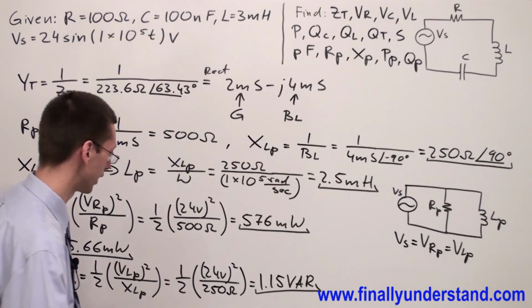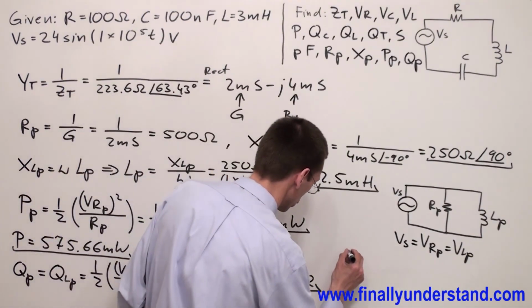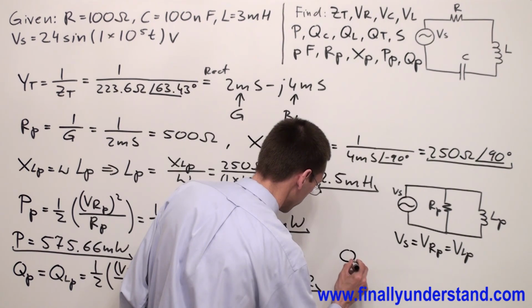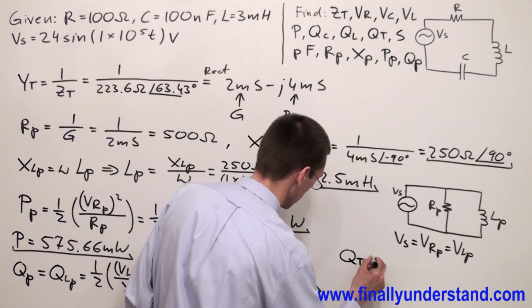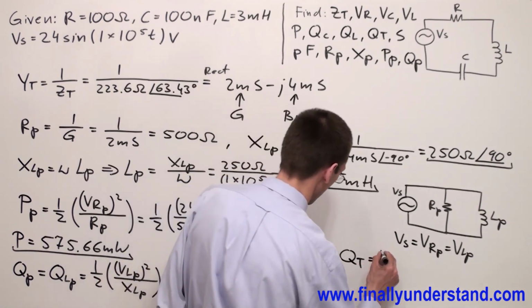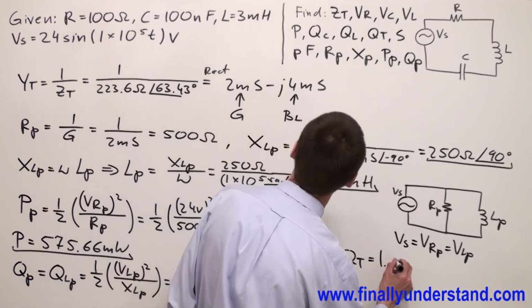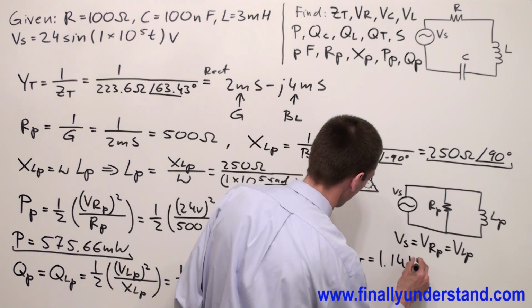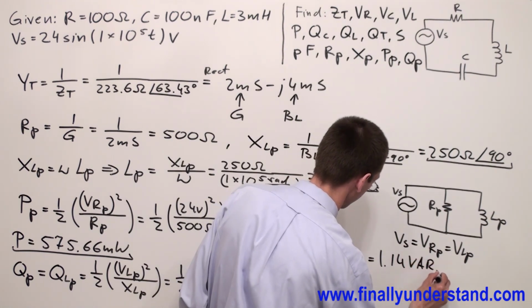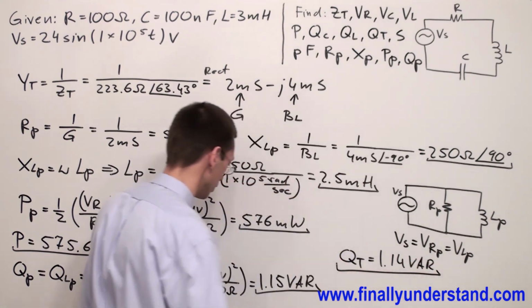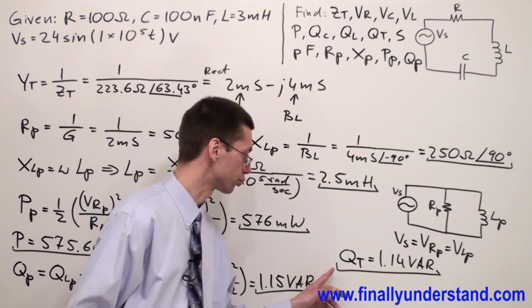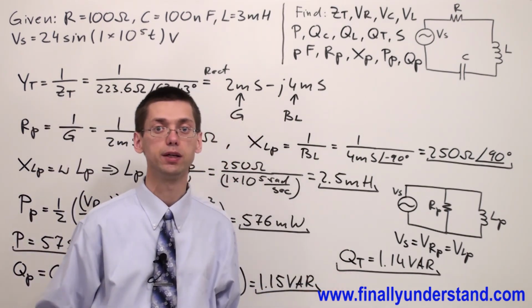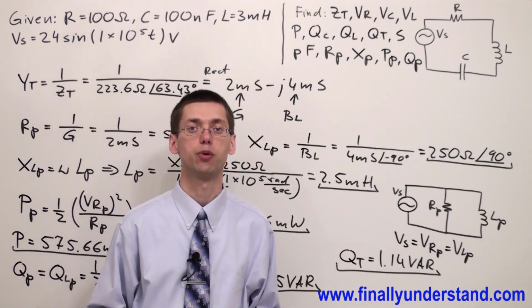Okay, let me remind you that the total reactive power, Q total, in the series circuit was equal to 1.14 volt ampere reactive. Please notice that these two values are very close to each other. So it means that we solved the problem correctly.